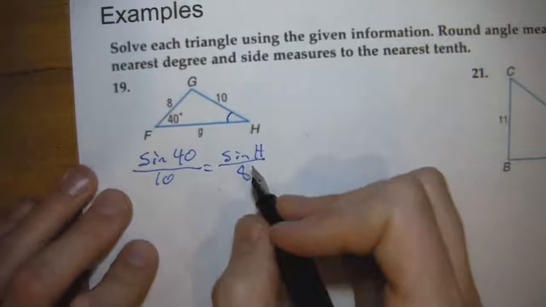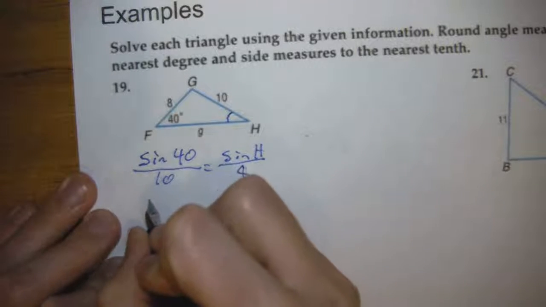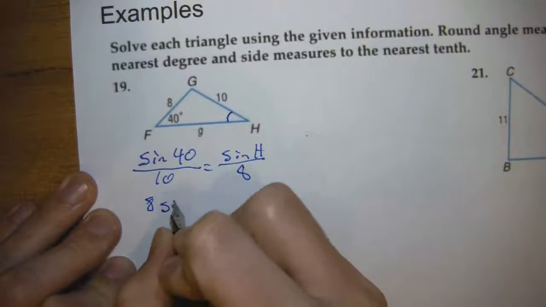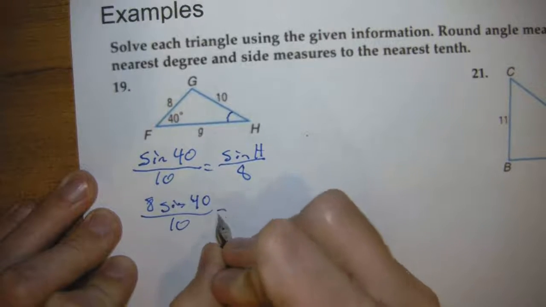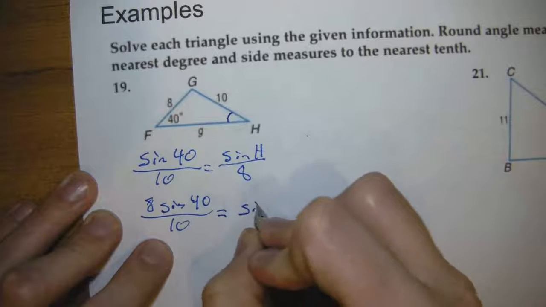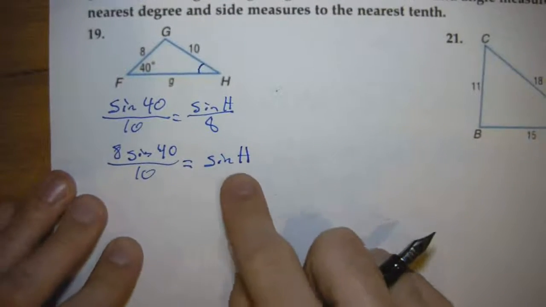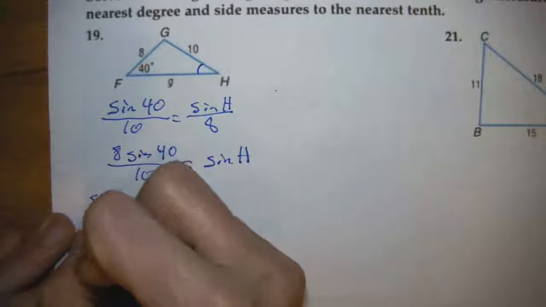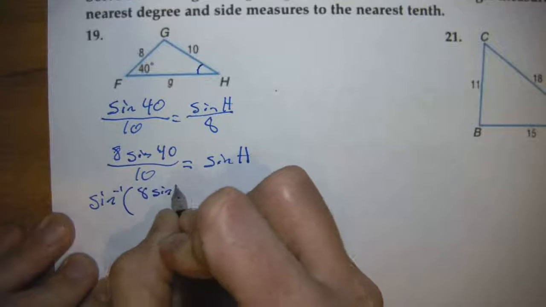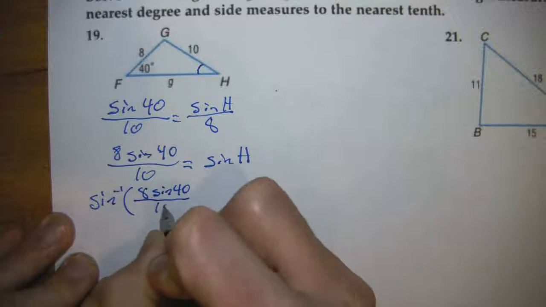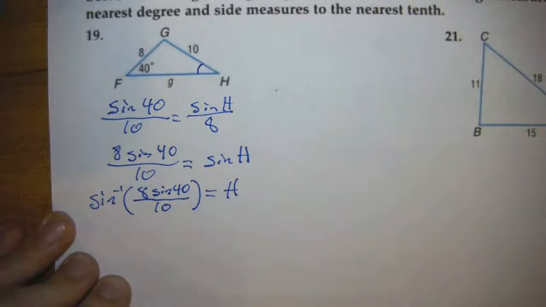So if I do it, I'll end up with, let's see, we'll multiply by 8 real quick. So that's 8 sine of 40 over 10 equals sine of h. And then what we can do real quick is take that and use an inverse sine. So the inverse sine of 8 sine 40 over 10 is equal to h, in this case, angle h.